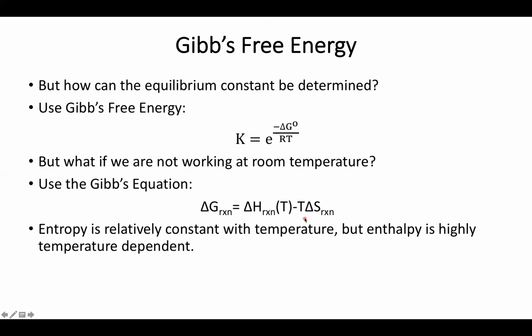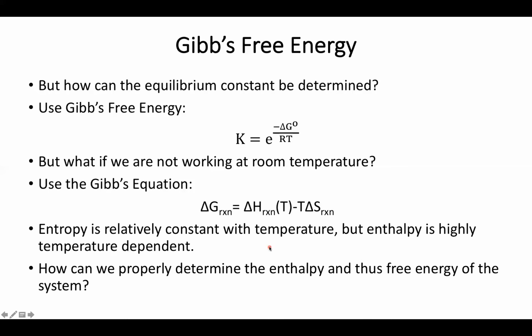The entropy tends to be relatively constant with temperature. However, as we've seen in physical chemistry, the enthalpy can actually have quite a large dependence upon temperature, especially if I'm working more than, say, 25 or 50 degrees away from my reference temperature.